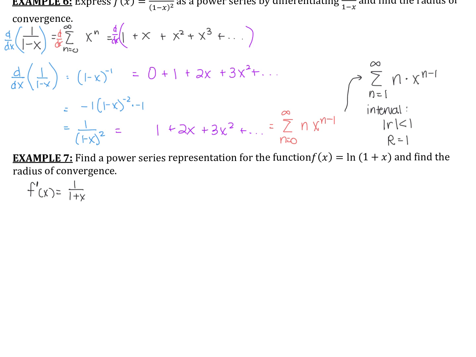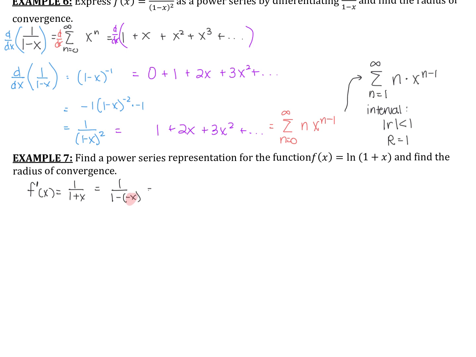Well, if that's a true statement, what form do you notice this is really close to? This is really close to that geometric form that we looked at in example 1, right? So instead of being 1 over 1 plus x, we're going to rewrite it to fit that form of 1 over 1 minus r, where this becomes my r value.